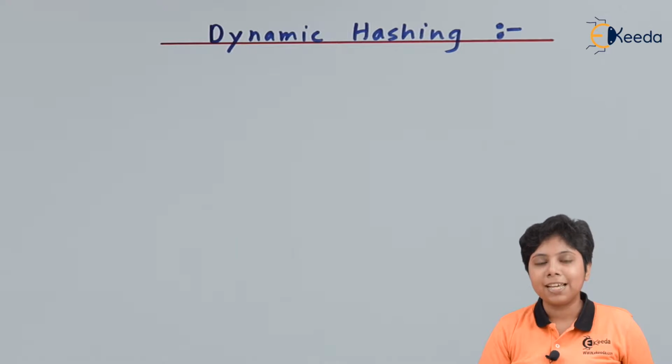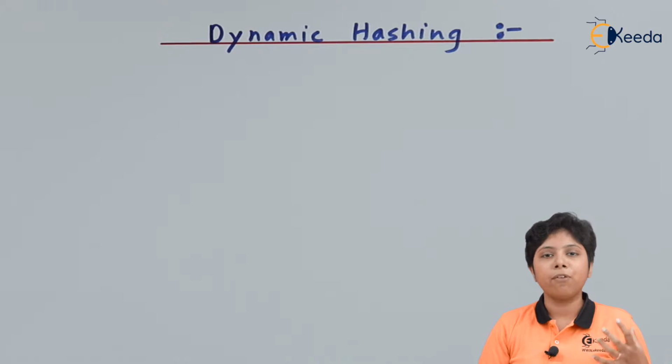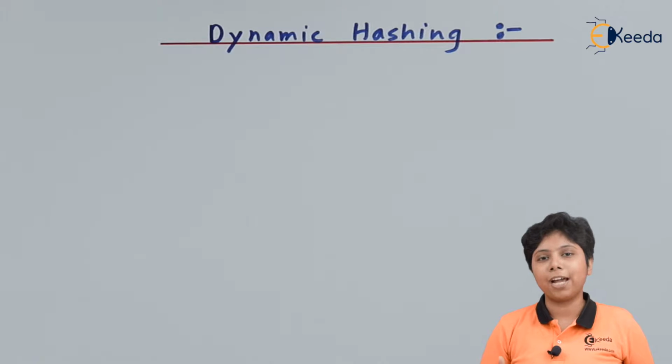Dynamic hashing means the bucket size and the number of buckets can grow and shrink, and according to that we compute the hash function on the search key and use the binary value as a result. This can be used to store the records in a normal file, and then we make a hash table which stores the number of buckets and the size of buckets, and which in turn points to the actual records.